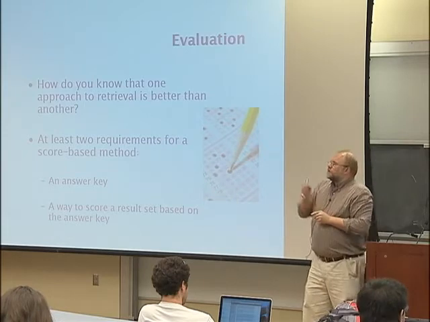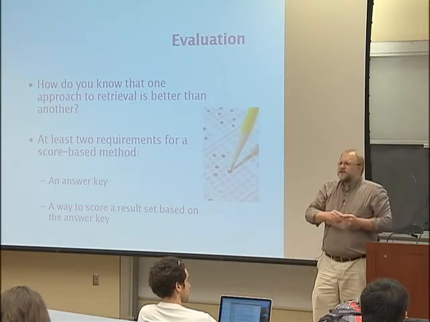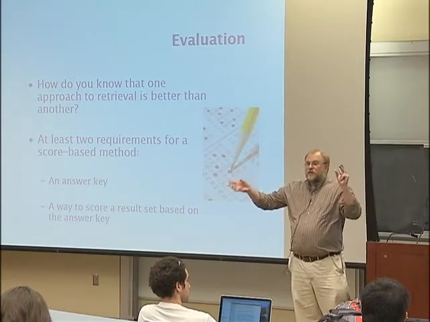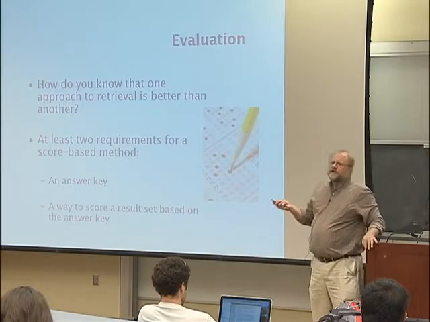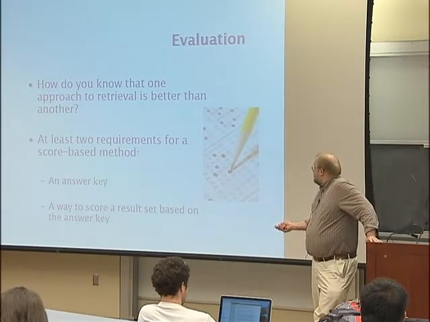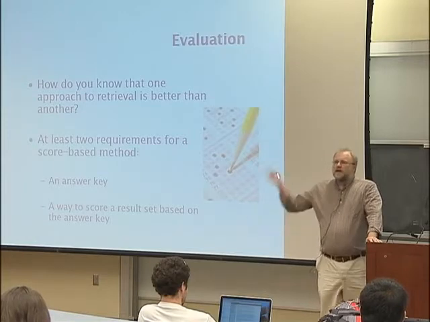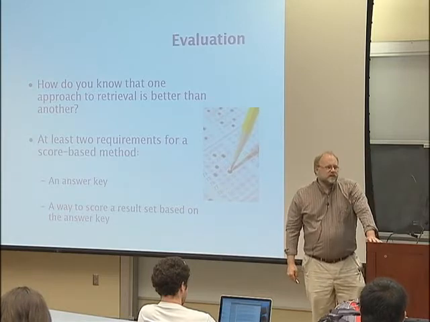Okay? So the goal is not necessarily to say on an absolute scale, how good is this approach? It's just to say, if you have two approaches, which one should be preferred? So you need at least two things to be able to do this. You need an answer key, and you need a way to score a system's result against that answer key to come up with some kind of measure.